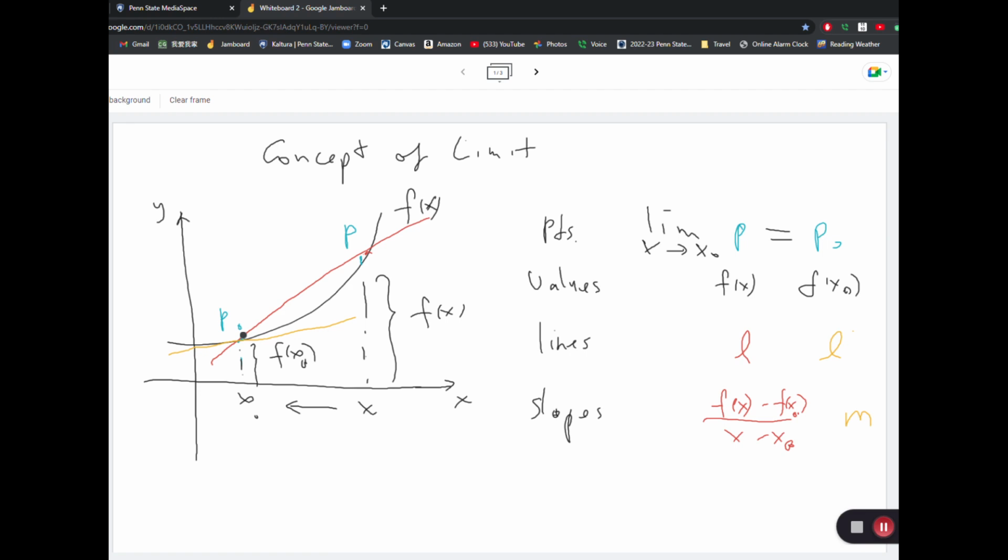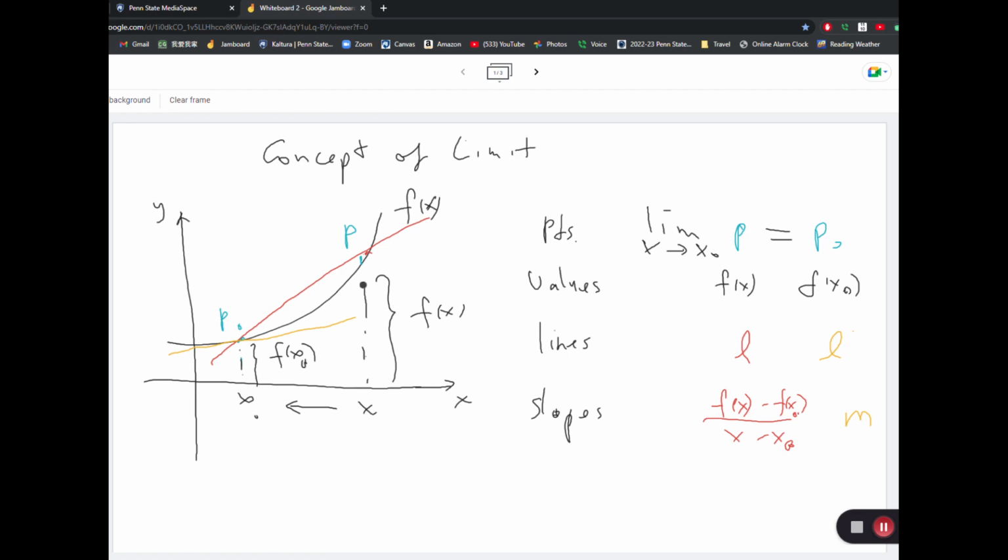So limit, you can see here, is like the trend of this moving point. As x goes to x0, p eventually will move towards p0, the trend of a moving point. All right. So this is one example of limit.